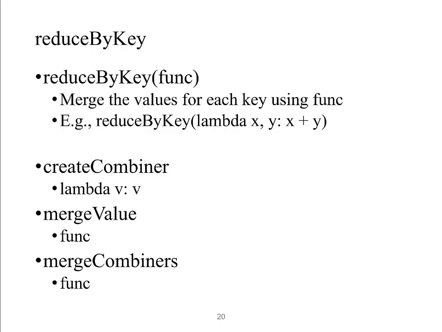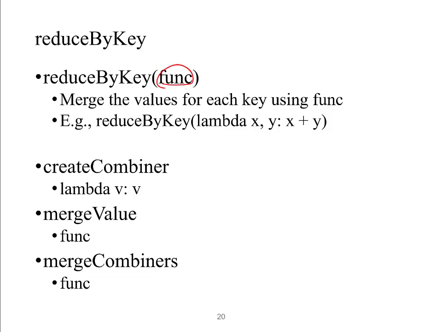As I have mentioned before, combine by key is a fundamental function in Spark, and it is also a basis of many other functions. So reduce by key is an example here. By the way, reduce by key itself is commonly used. The functionality of reduce by key is to merge the values for each key using a function.